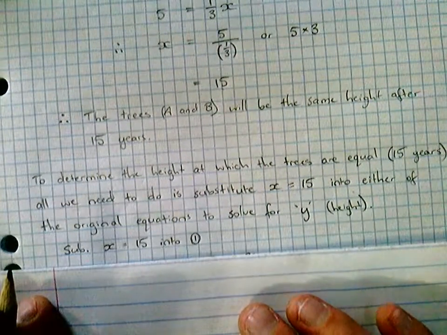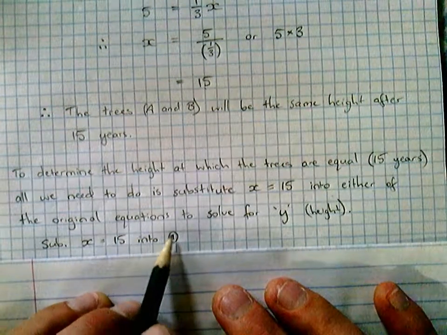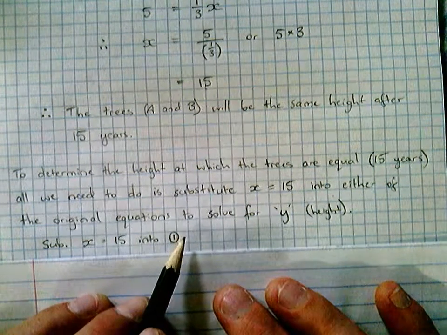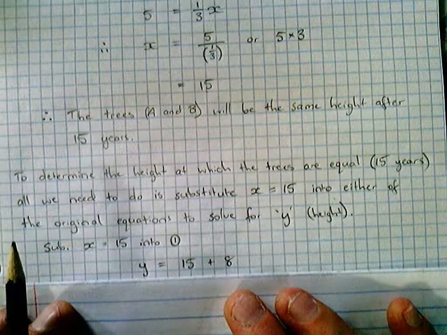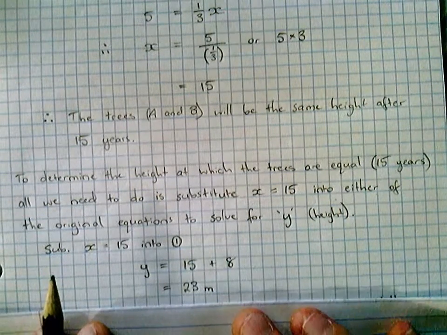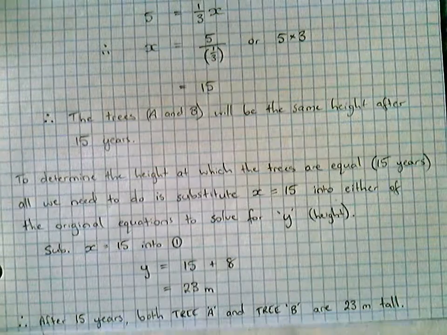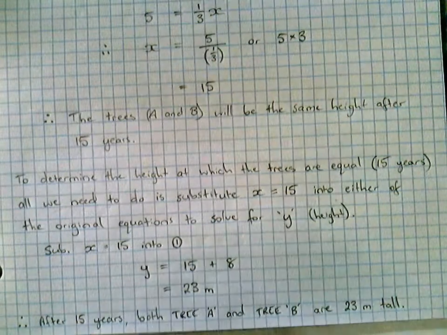So what I did was I substituted x equals 15 into equation 1, because of the two equations, equation 1 is definitely more simple to solve. It's just a matter of adding two integers together, which is quite simple to do. Okay, and we get a value of 23, which means after 15 years both tree A and tree B are 23 meters tall.